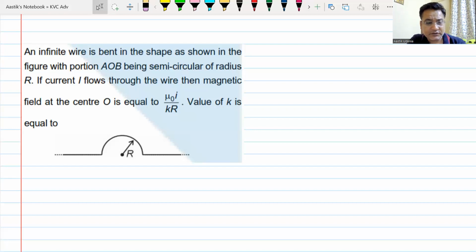What is the answer for this one? This is the magnetic field created by a half circle at the center. These two wires cannot create field. So the value of K is how much? 2, I think so. Not I by 2r. 2, sir. 8, sir.